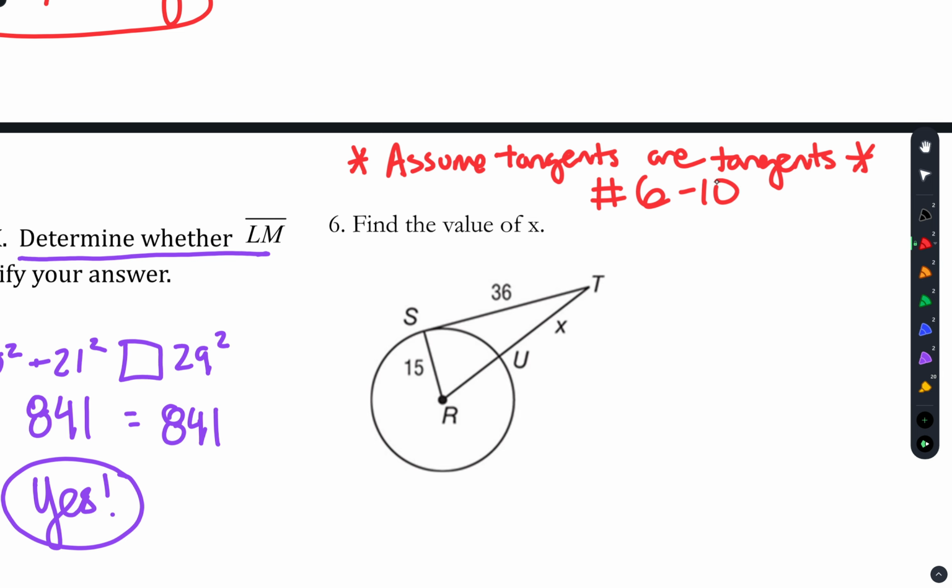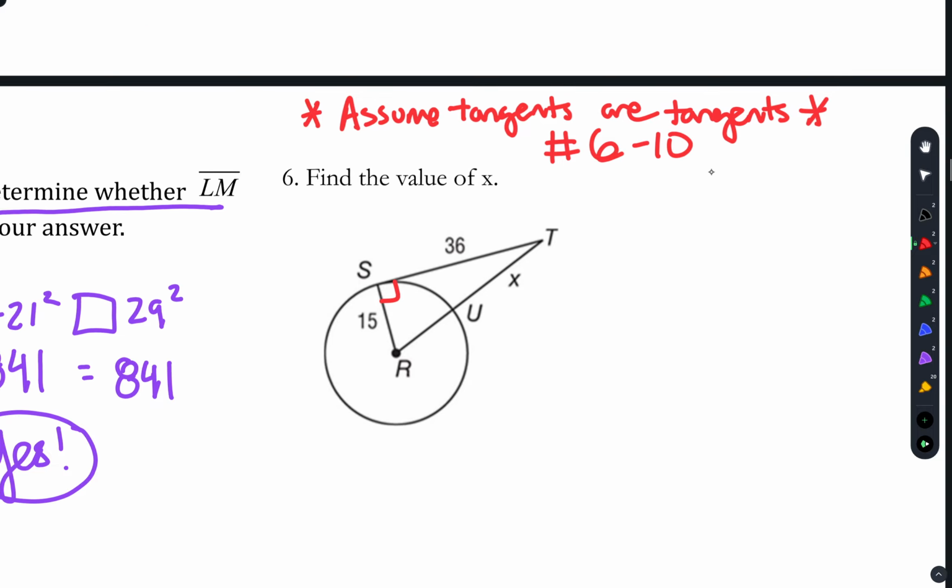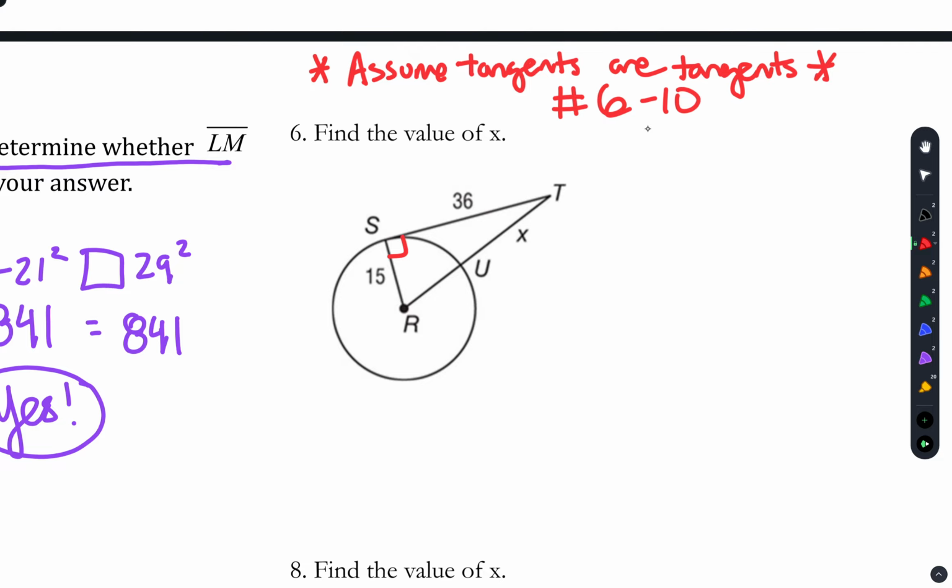Okay, so number 6. I know that line ST that looks like it's tangent is tangent. So because it's tangent, I'm going to start right away by putting a right angle in there. My goal is always to get triangles to solve, especially those right triangles. So with that triangle in mind, how do I figure out the length of TR?